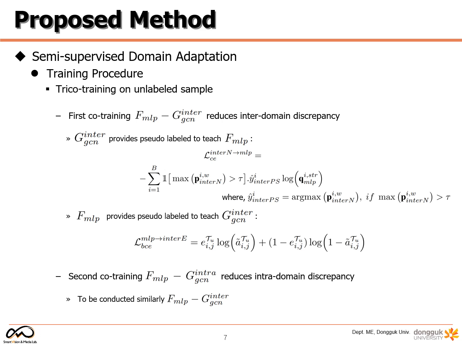Especially, the inter-ZCN classifier provides pseudo-labels to the MLP classifier, and then the MLP classifier also provides its pseudo-labels to the inter-ZCN classifier. The second co-training is implemented similarly to the first co-training strategy, employing the coordination between the MLP and the intra-ZCN classifier to minimize intra-domain discrepancy.